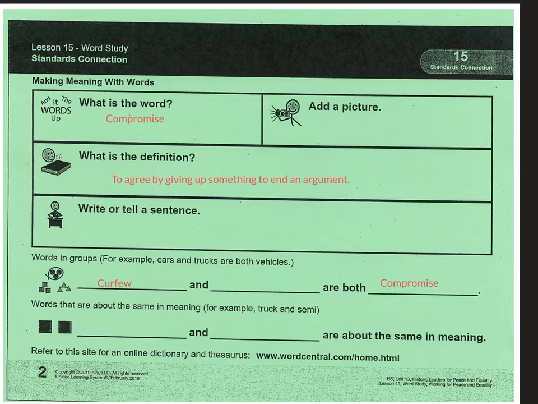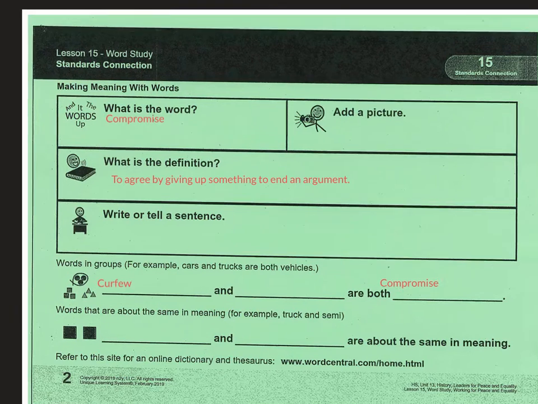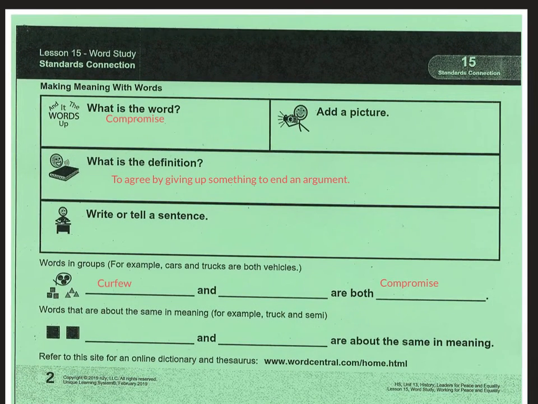So you might say, come on, I think midnight is a good time. And your parents are like, oh no, you better be home by 10 o'clock. And maybe you compromise on 11 o'clock because you gave an hour, they gave an hour. A curfew is a good example of when people compromise.